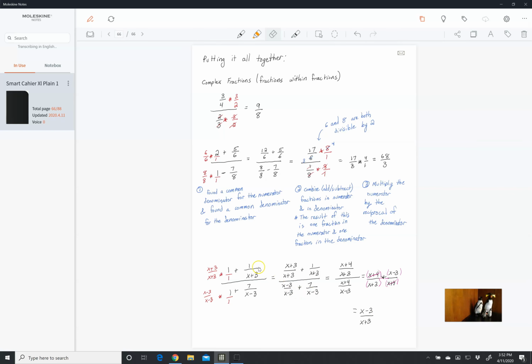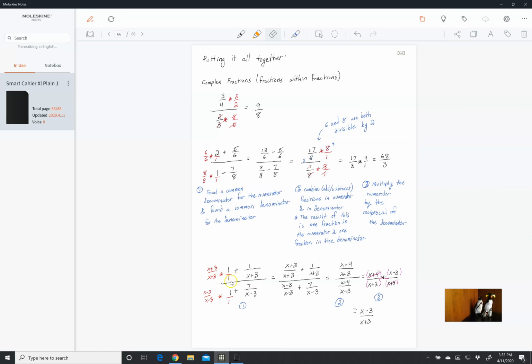Okay, so again, we found a common denominator. This is like step 1. We found the common denominator. This is step 2. We combined the fractions. And this is step 3. Here all we did is we multiplied to actually make this one fraction.